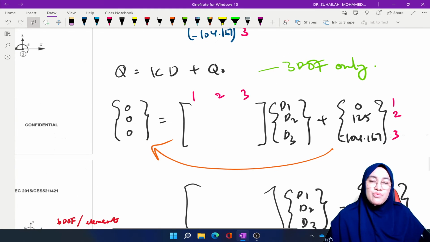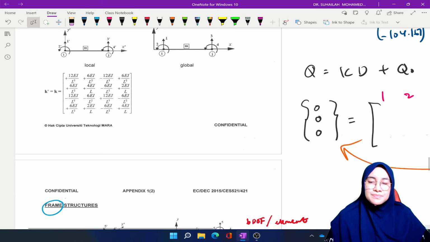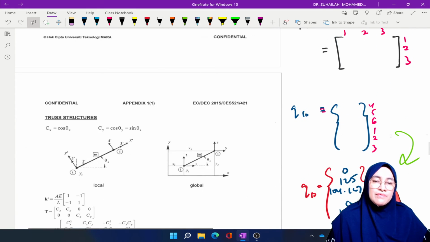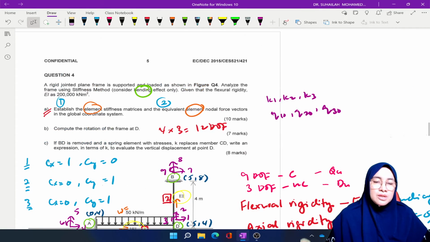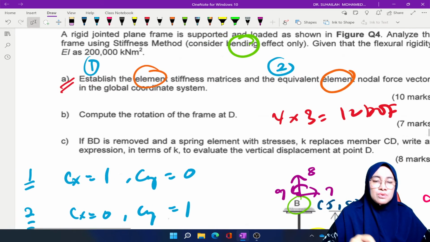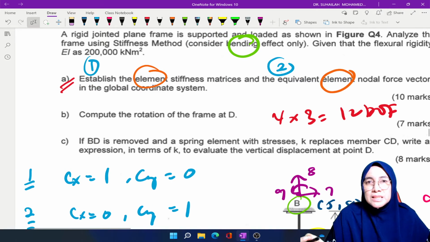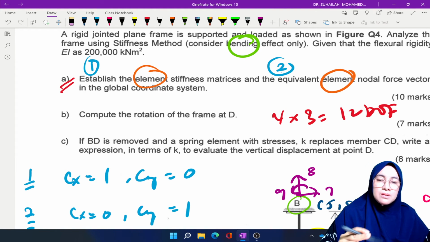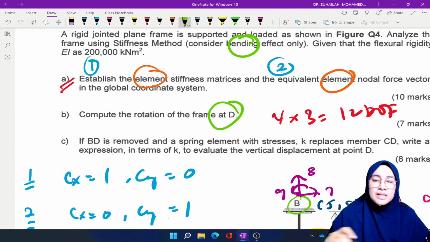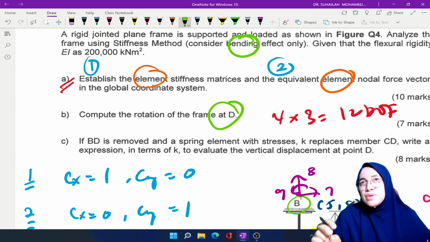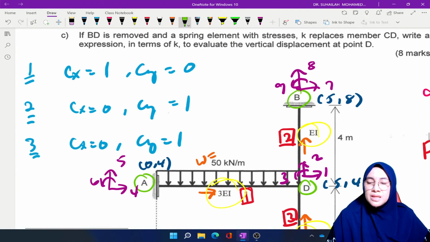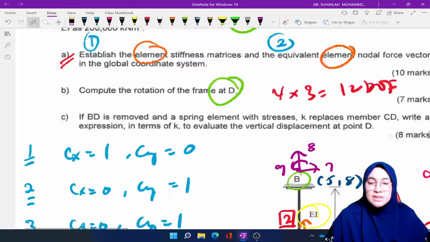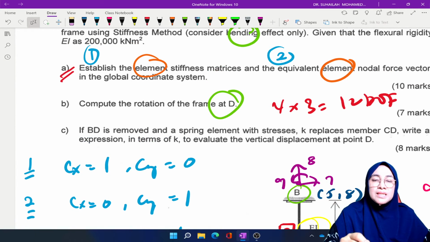And if we refer back to the question, the question asks us to compute the rotation at D. That means we need to calculate D3 only, since the label is 3.